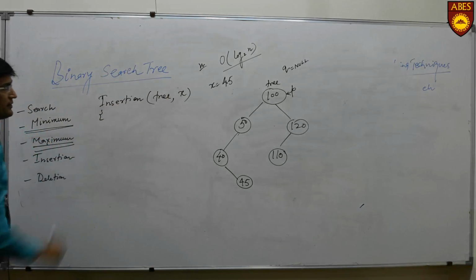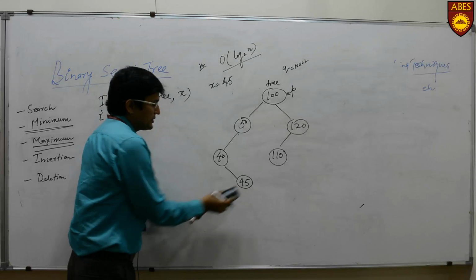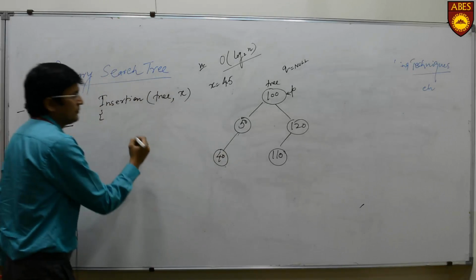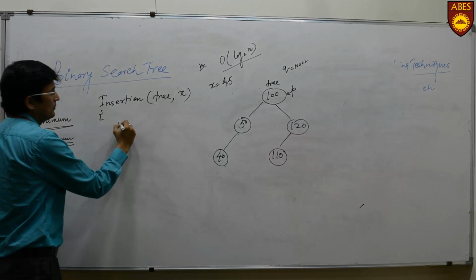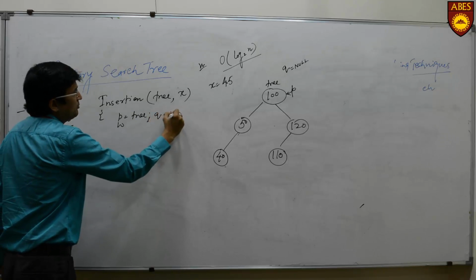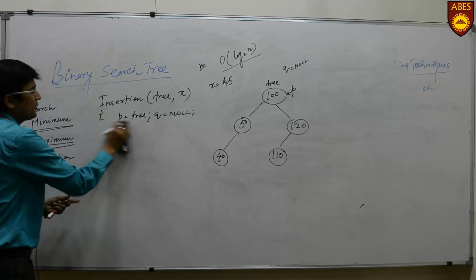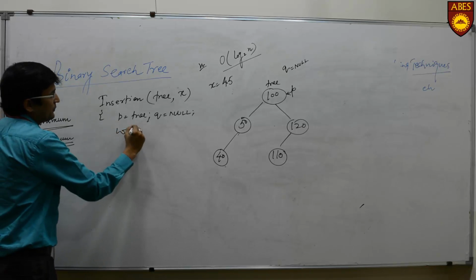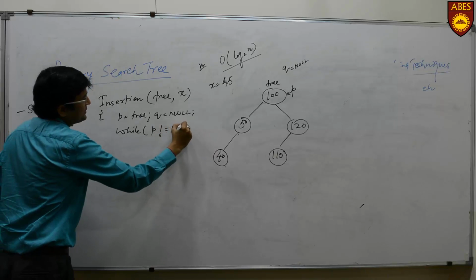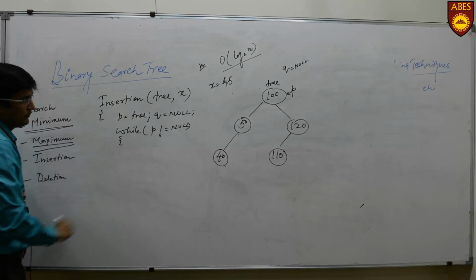Now let us write this algorithm, and before that, let's say once again we have to insert 45. So P equals tree and Q equals null, meaning Q is taken as the father of P, and we are going to traverse this tree till P becomes null. So while P is not null, our traversal will continue.